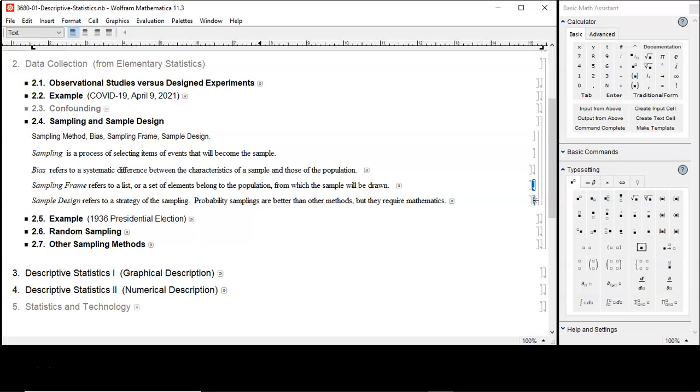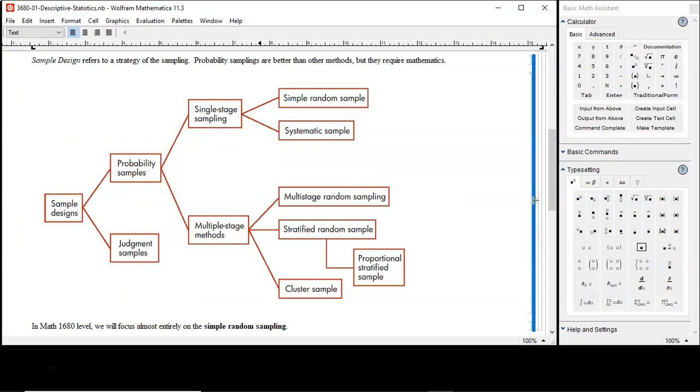Sample design refers to a strategy of sampling, and it can be classified like these. Probability samples, which use mathematics, versus judgment samples, like convenience samples or volunteer samples, they can be bad. Usually they are bad. And it can be done in single stage or multi-stage.